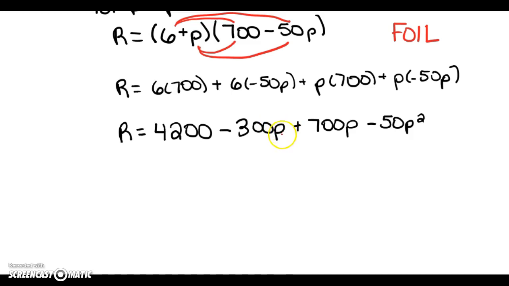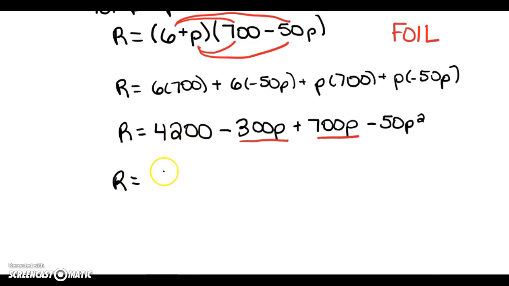When you're looking for something in common, you want to look for something that has the exact same variable and the exact same exponent. So in this case, we could combine negative 300p with 700p. Then we can also look at negative 50p squared. Nothing else has a p squared, so we can leave it as it is.